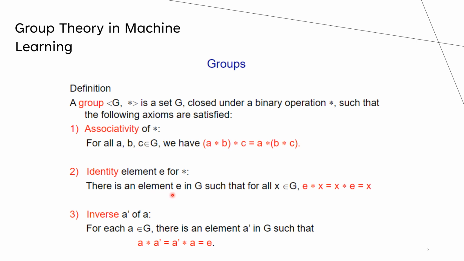There is an element E in G such that for all X as a member of G, E times X equals X times E equals X. And we have the invertibility of A'. For each A as a member of G, there is an element A' in G such that A times A' equals A' times A equals E.